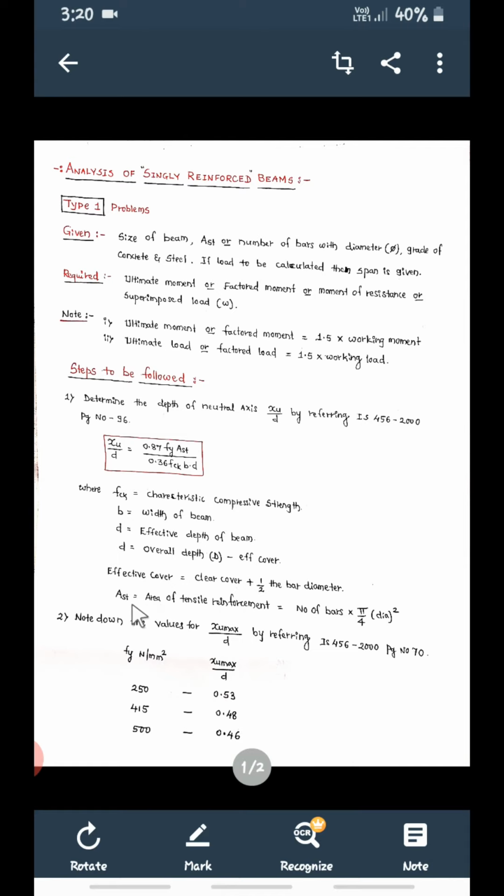Then you write down the area of steel given. That is the area of steel reinforcement, Ast, or sometimes the number of bars will be given. So how to calculate Ast?